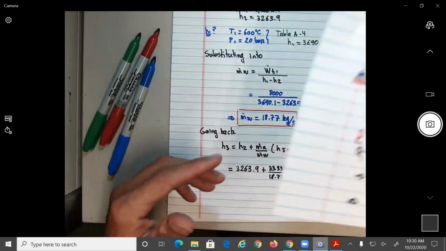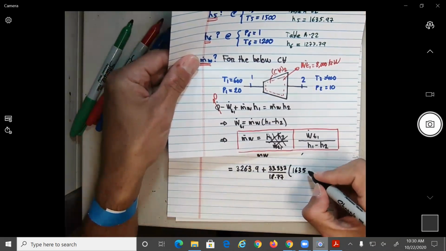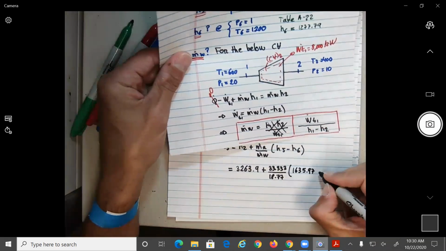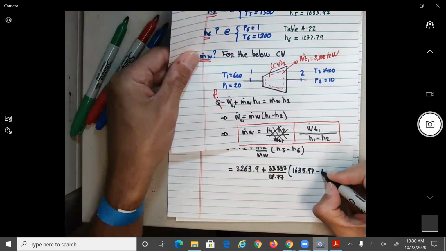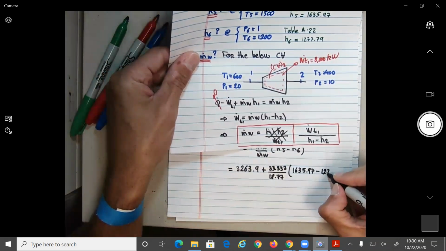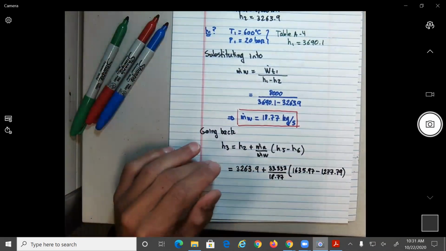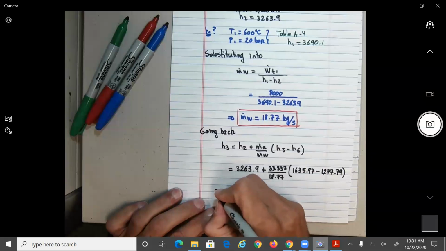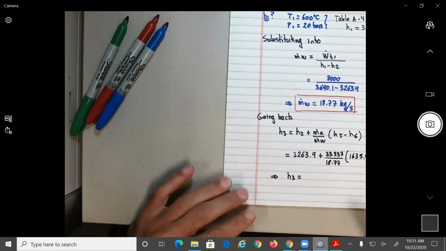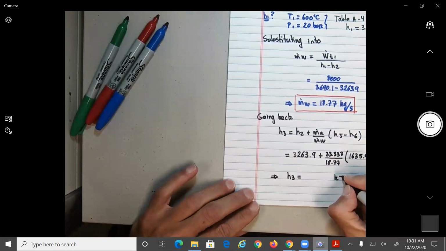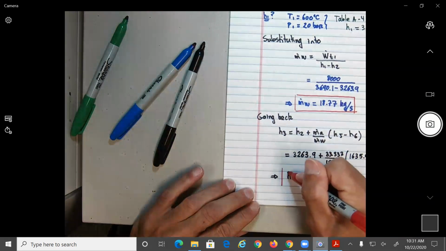H5, we had 1,635.97 minus H6, which is 1,277.79. So what did you get for H3 then? And this should be in kilojoules per kilogram. So you do a calculation, what do you get?